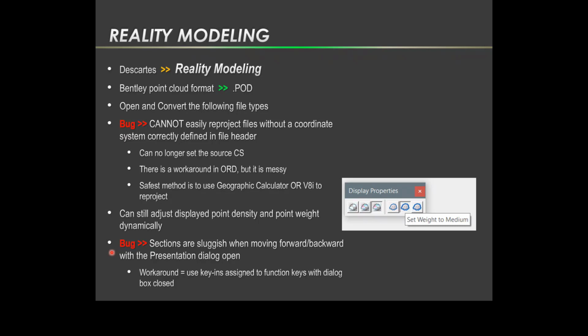So there is a workaround, and that is to close your presentation dialog and assign key-ins to your keys. I like to use function keys, and then you can use those function keys to move your sections around. So I'm going to do a demo on all of these tools and where they're at in a bit.